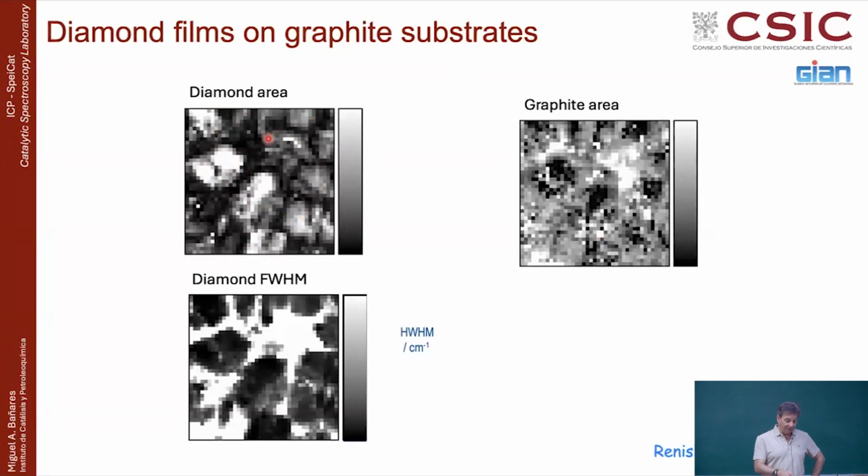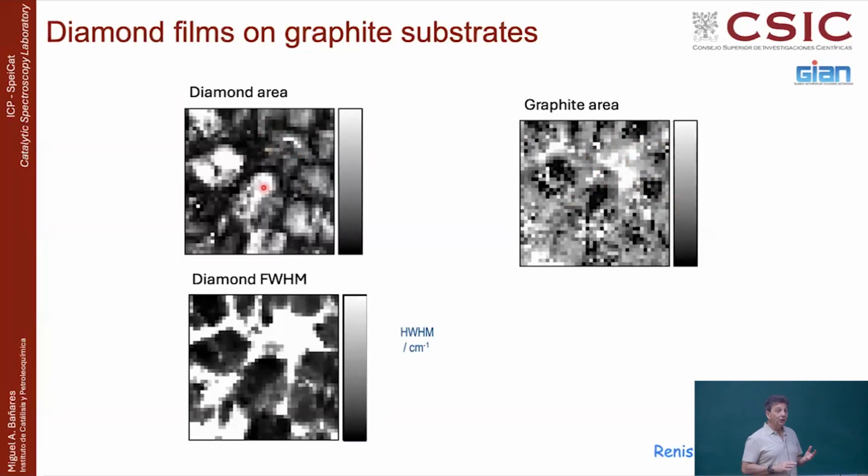You get an uneven distribution with more diamond here, very little diamond there. If you make a map of the Raman band of the graphite substrate, basically what you get is complementary. You see a big amount of graphite in areas where you get very little diamond, and vice versa. So you can get the distribution.